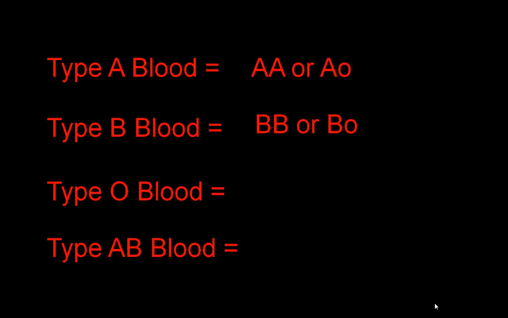Because O is recessive. If you have type O blood, then there's only one combination you can have. Remember, O is recessive, so you would have to be OO. And if you have type AB blood, that means you're going to have one of each, A and B. So that AB blood is going to be the example of codominance.